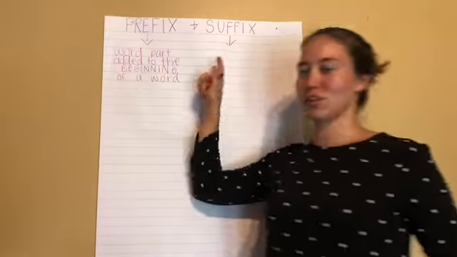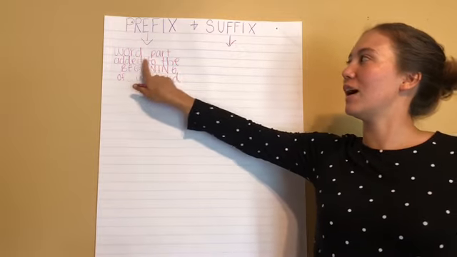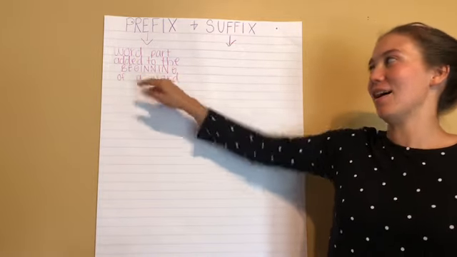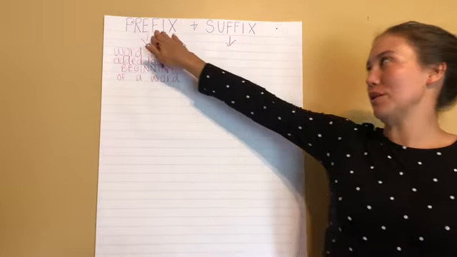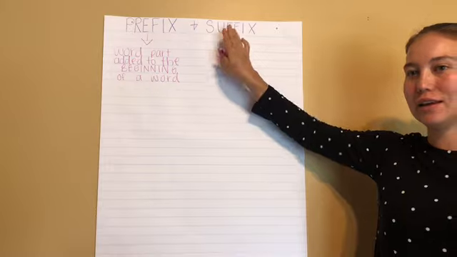The suffix, you could probably guess, is the word part added to the end of a word. So a prefix goes at the beginning and a suffix goes at the end.